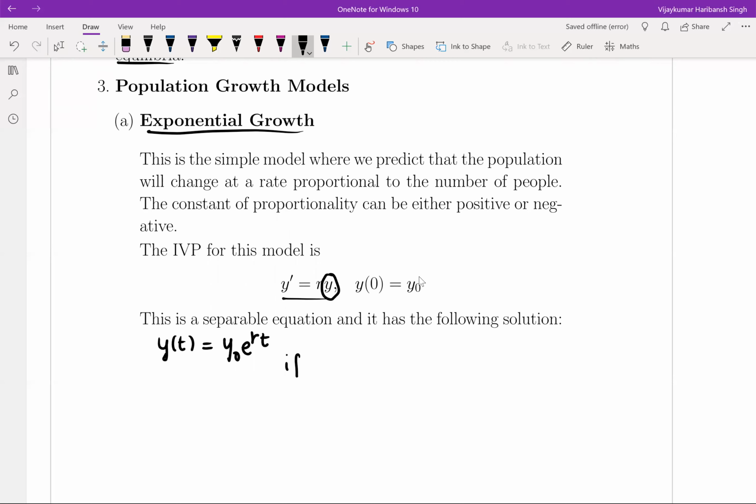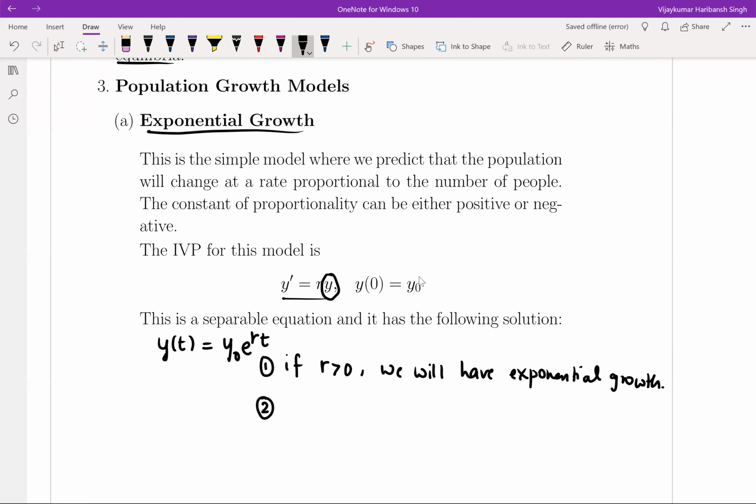So if r is greater than 0, then we'll have exponential growth. What does exponential growth mean? It will follow an increasing exponential function.